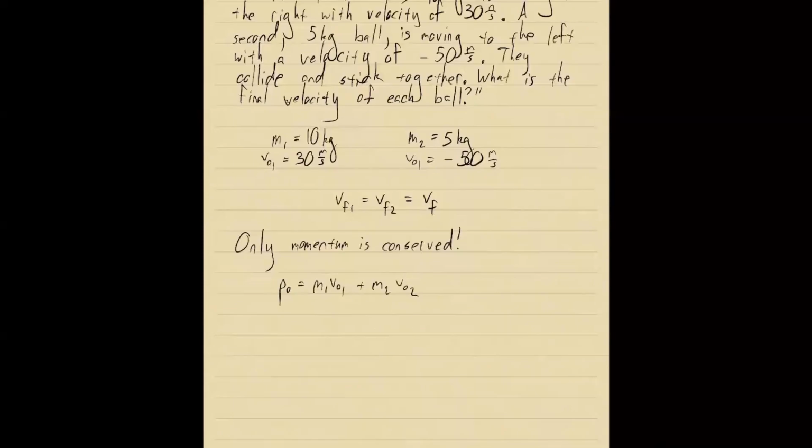So this is 10 kilograms times 30 meters per second plus 5 kilograms times minus 50 meters per second.